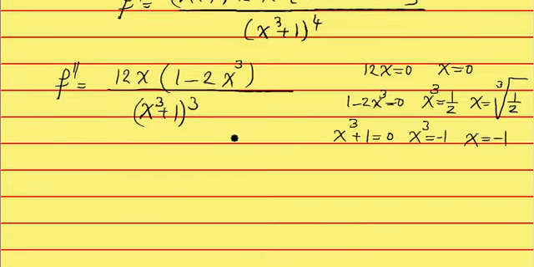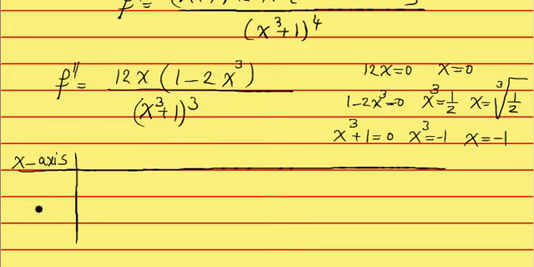So to do a sign testing of an expression, we just factor it as far as it goes, both numerator and denominator, find the roots of everything in numerator and denominator, and we make our table. So let me see, I probably don't have much room to write the derivative here, so I just write x-axis. Here I just write f double prime, we have it in view up here, and then I go ahead and write down my numbers.